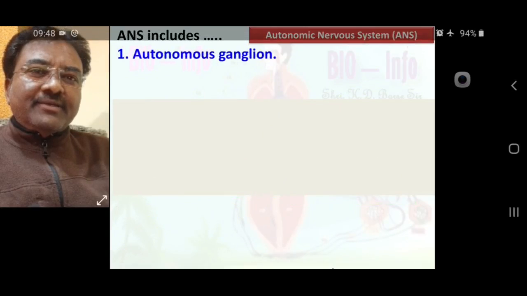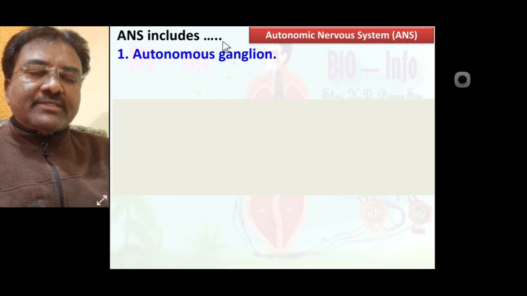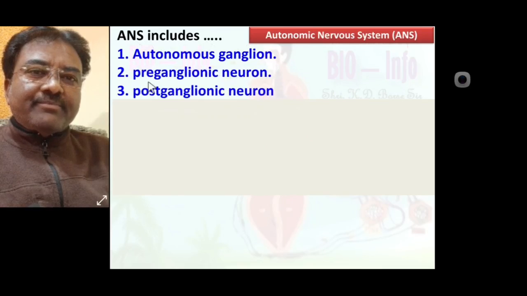The ANS includes three components: autonomic ganglion, pre-ganglionic neuron and post-ganglionic neuron. What are the three components of the ANS? Autonomic ganglion, pre-ganglionic neuron and post-ganglionic neuron.